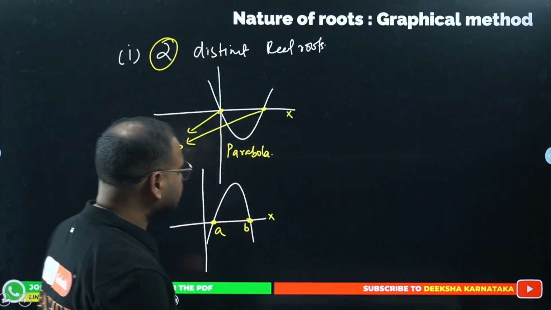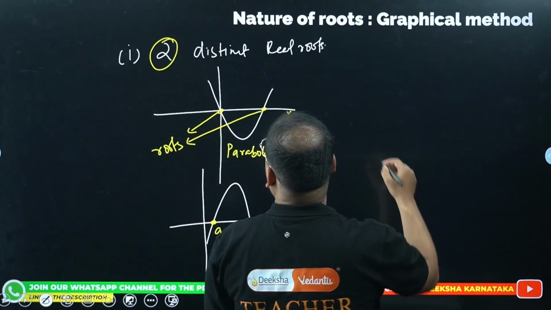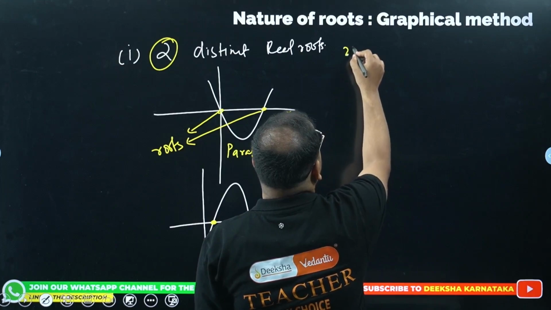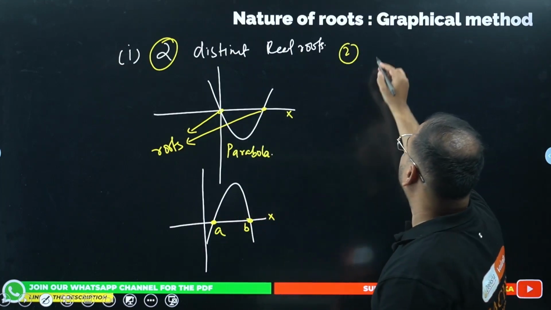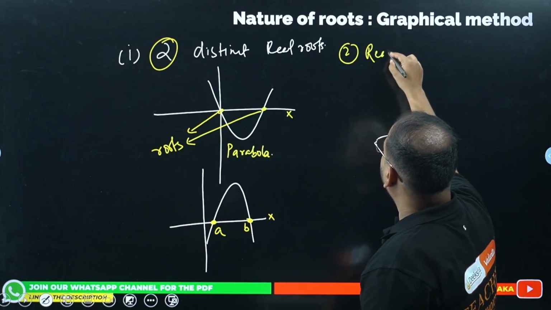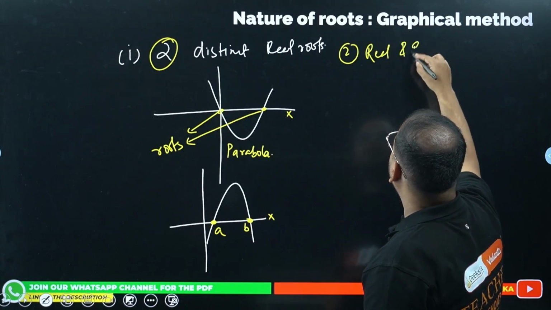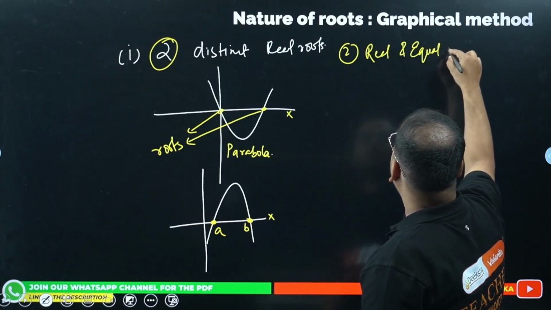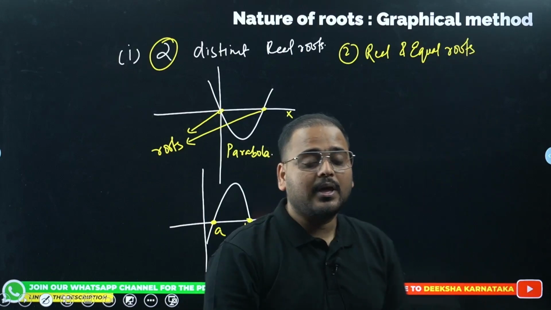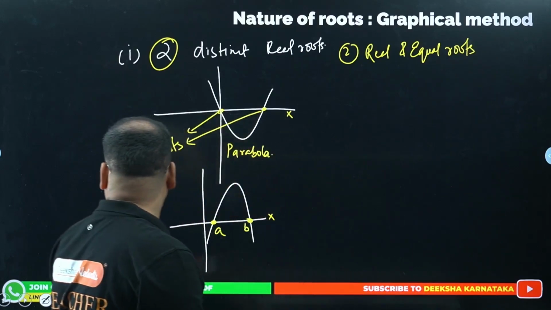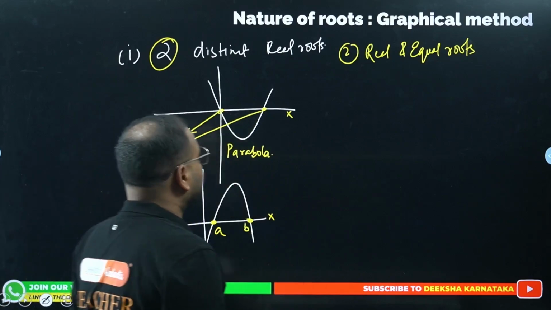Second case is case 2, when roots are equal and real. So real and equal roots. Okay, how will this graph look like? It looks like this.